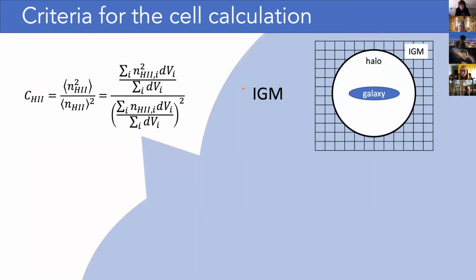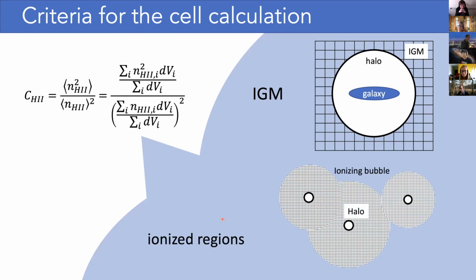First, we need to distinguish the IGM from the gas inside the virial radius of halos, because we are only interested in the ionization of the IGM in the era of reionization. Second, the clumping factor should be measured inside the ionized regions where the recombination actually occurs. Otherwise, the average recombination timescale can be overestimated by including gas cells in neutral void regions in the calculation.